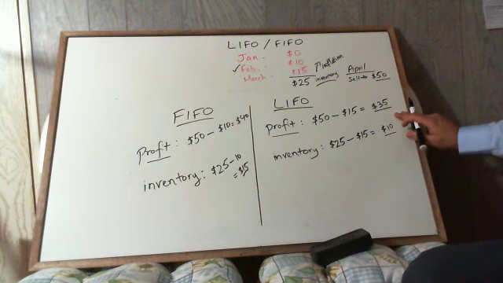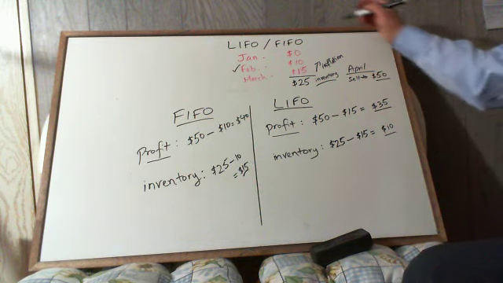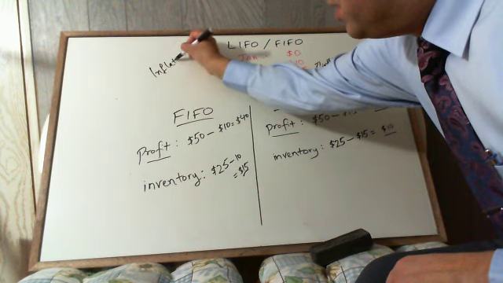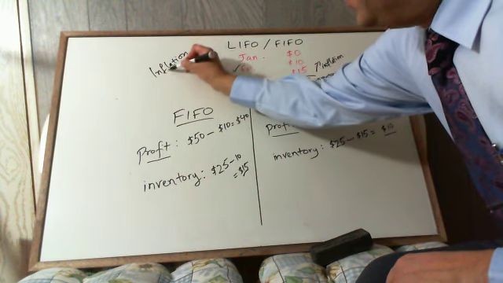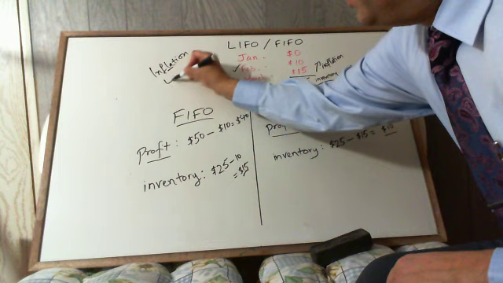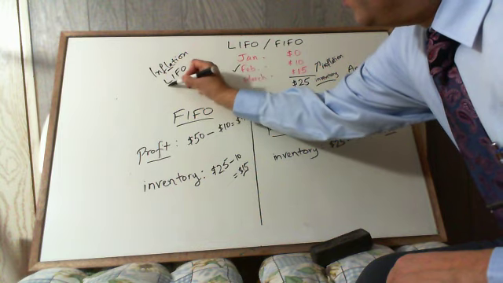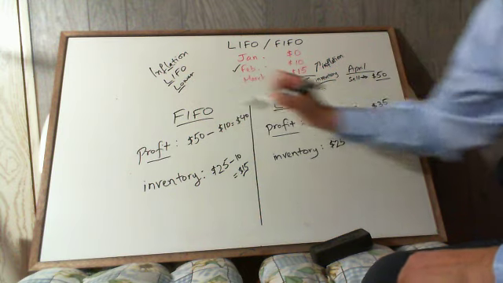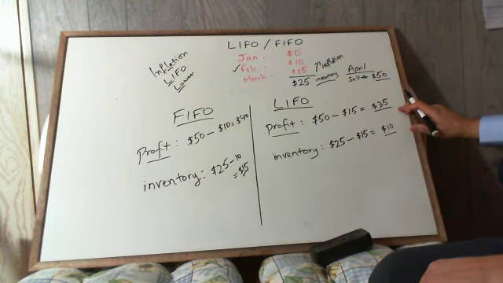And there's a memory aid for that also. You can think of the triple L memory aid, that is, in times of inflation, which has an L in it, LIFO will provide a lower profit margin, right?